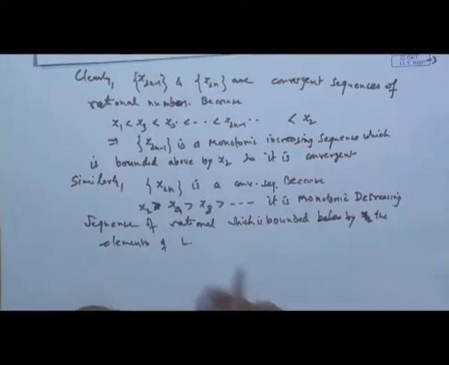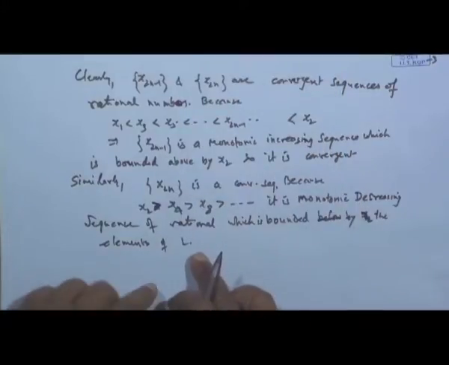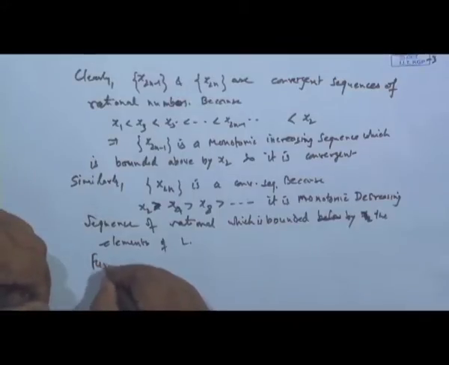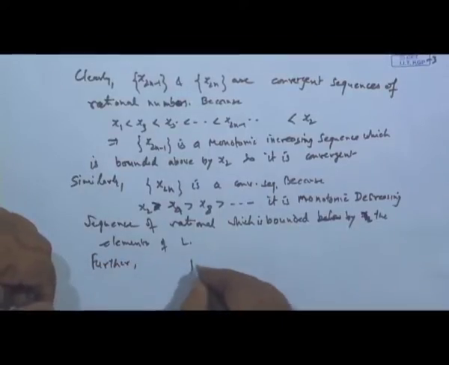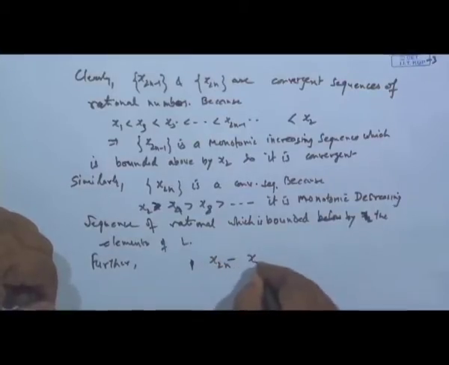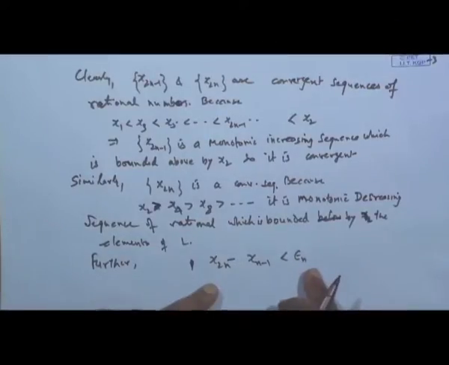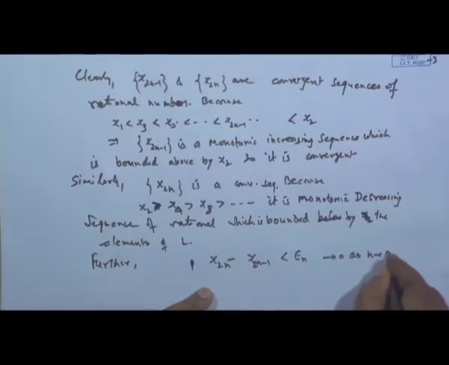Okay. Now, once they are convergent, they also satisfy the modulus of x 2 n minus x 2 n minus 1 being less than epsilon n, which goes to 0 as n tends to infinity, is it not?